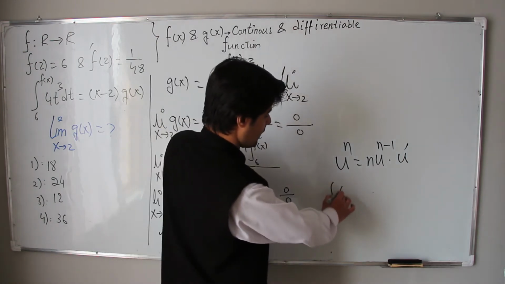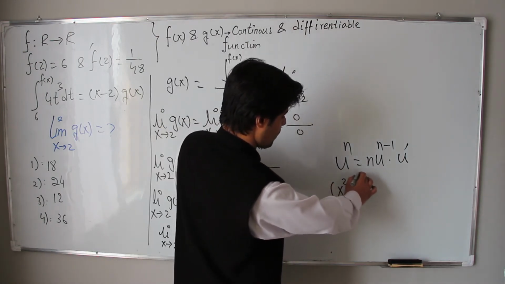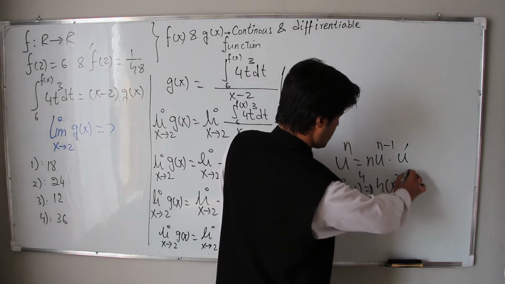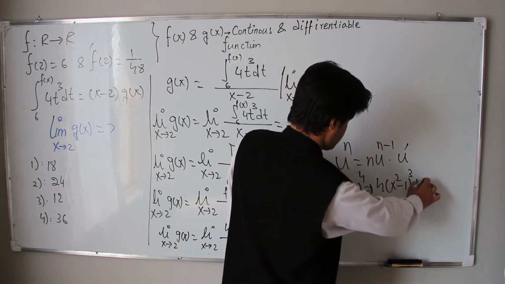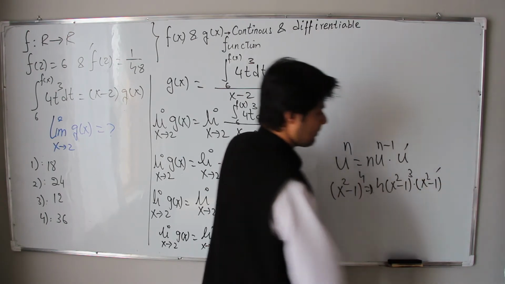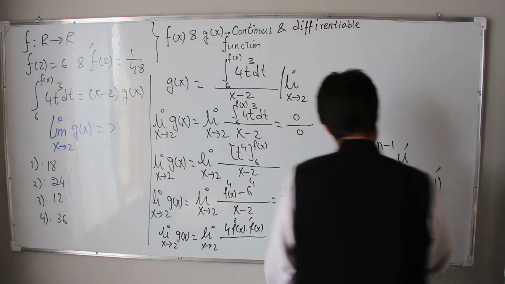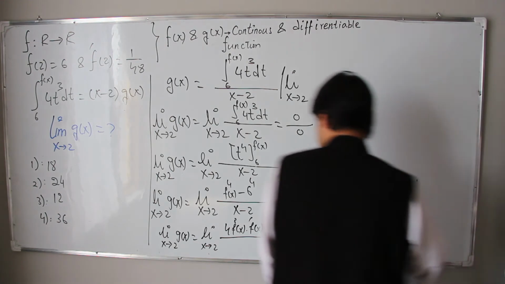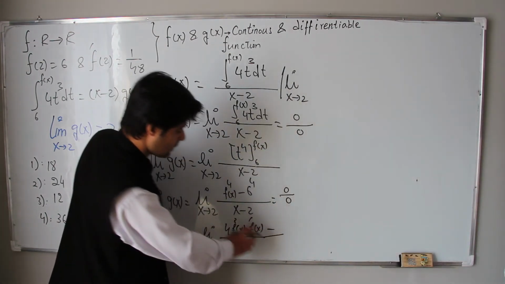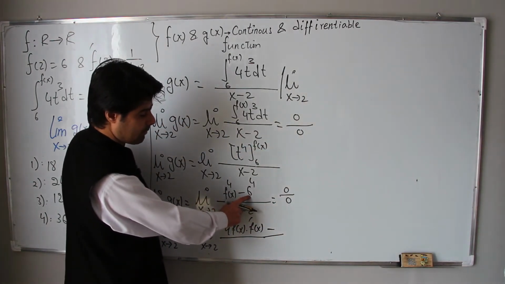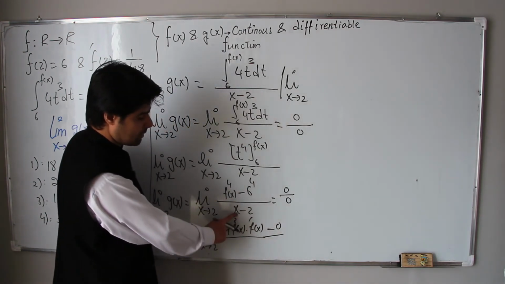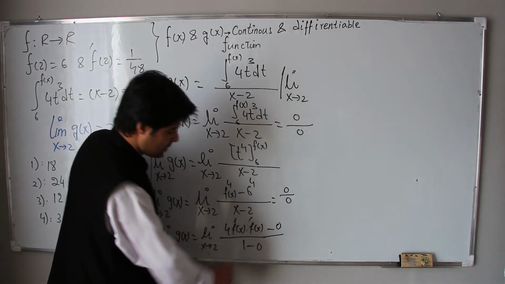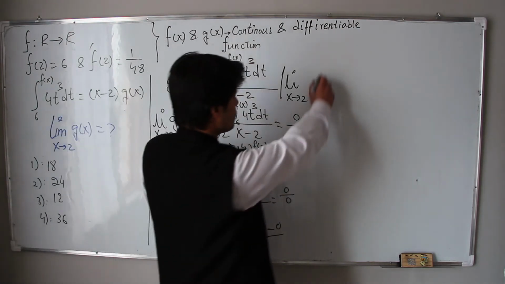For example, if I have (x squared minus 1) to the power 4, the derivative is 4 (x squared minus 1) to the power 3 times (x squared minus 1) prime. Do we have this one or not? Yes, we have. From this one we have minus. What's the derivative of the constant? It's 0. What's the derivative of x? It's 1. Minus. What's the derivative of 2? It is 0. Now I have to put 2.